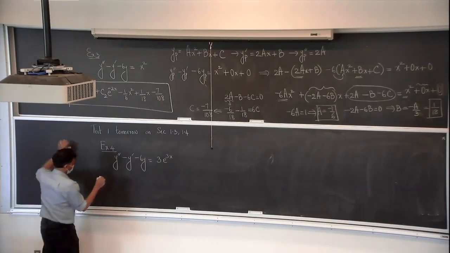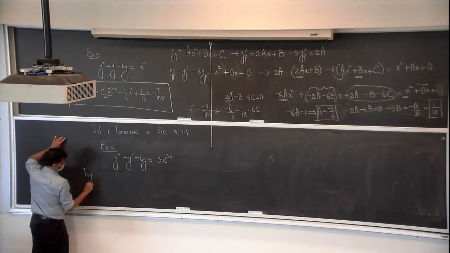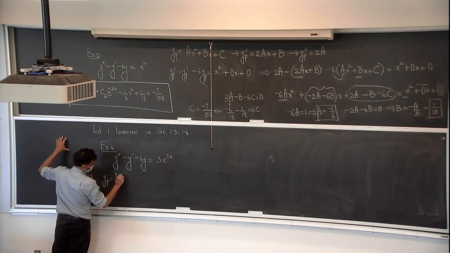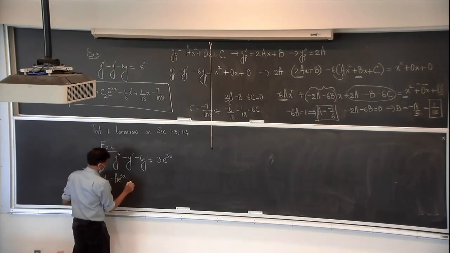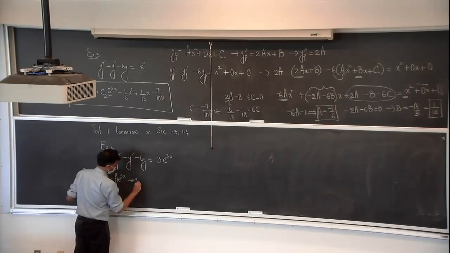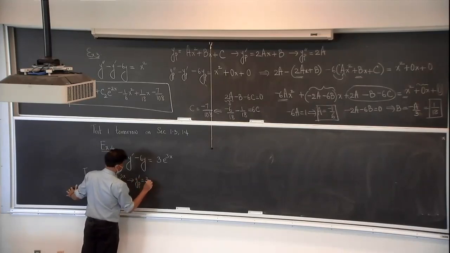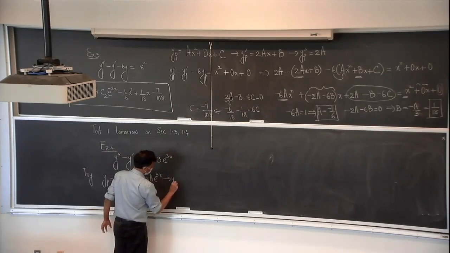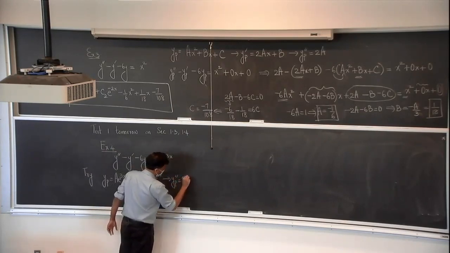So if you try your typical yp equal to a times e to the 3x, then you have yp prime equal to 3a e to the 3x and yp double prime equal to 9a e to the 3x.